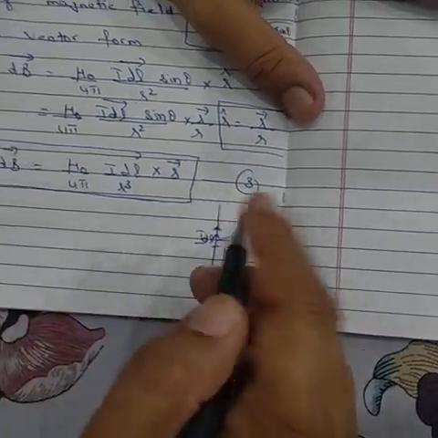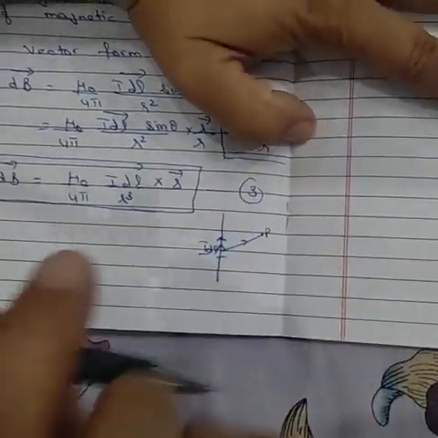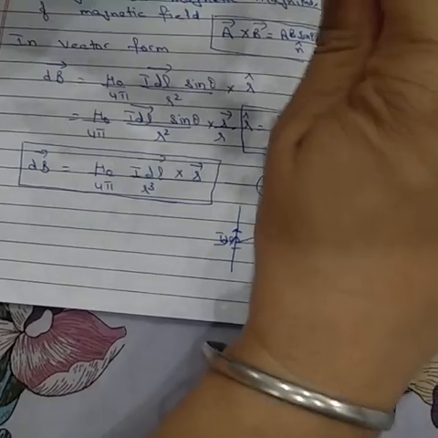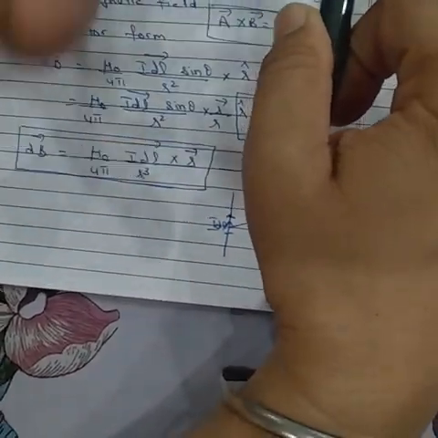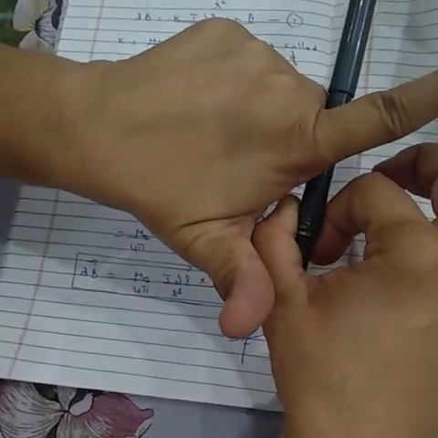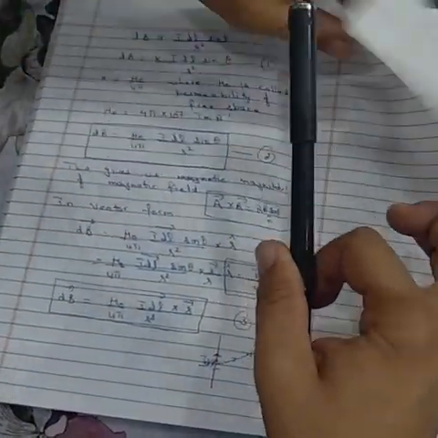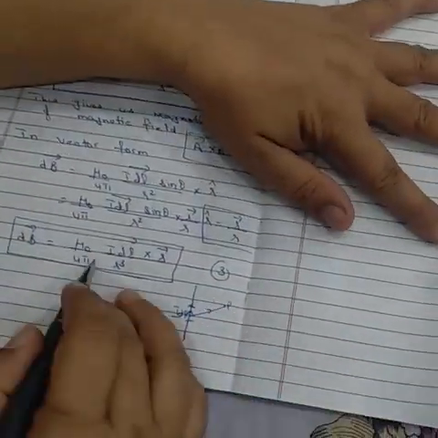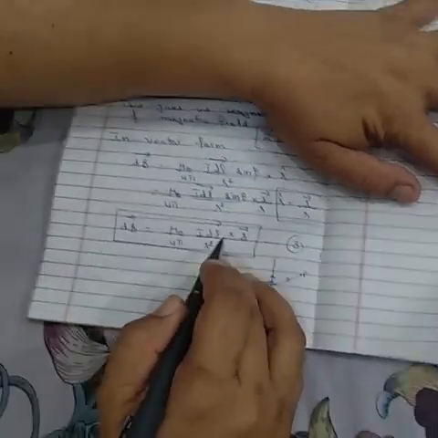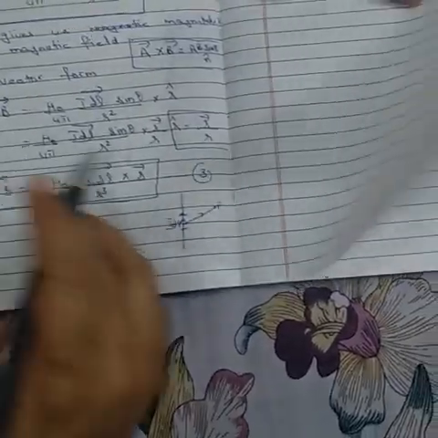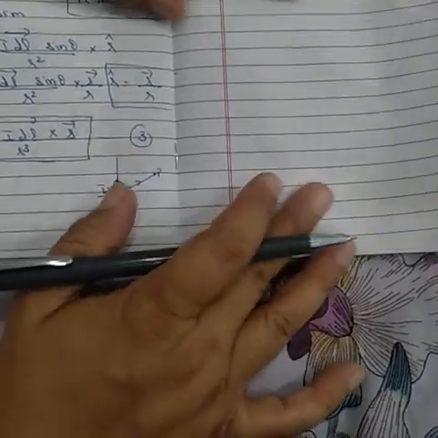This is the current element and this is the observation point. So the direction will always be perpendicular to both of them. dB is given as mu naught upon 4 pi, I dl cross r upon r cube. This is the vector form of Biot-Savart's law.